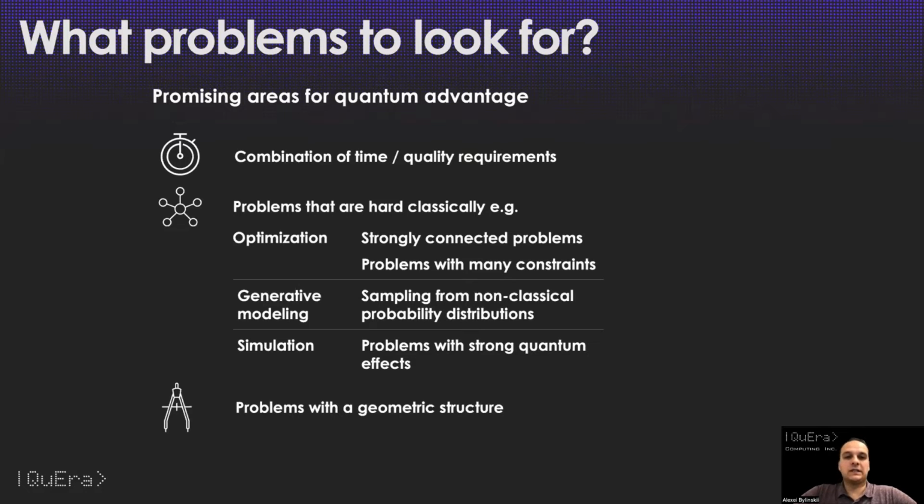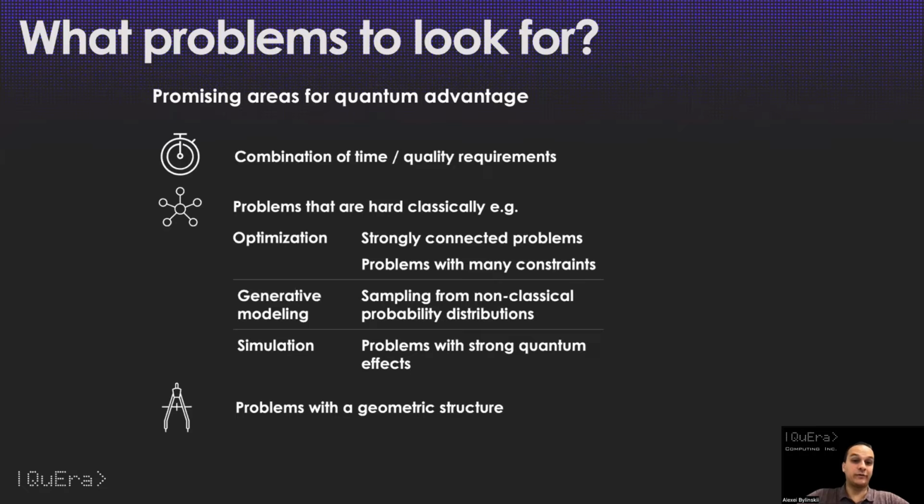Generative modeling is an area where you might benefit from sampling from non-classical probability distributions, and that could potentially be done in a very powerful way by sampling from quantum many-body distributions. And finally, simulation of problems where the original problem has strong quantum effects, and that is actually the topic of the webinar that we had last Monday.